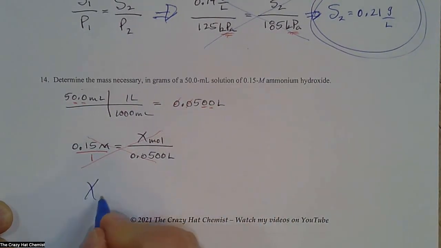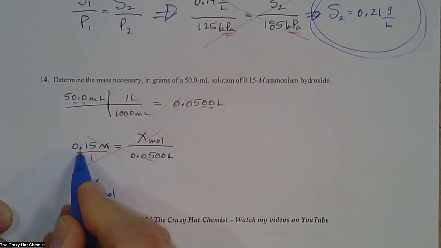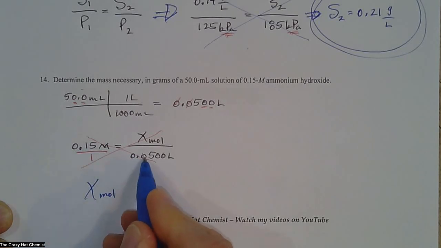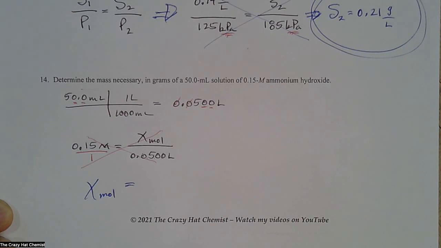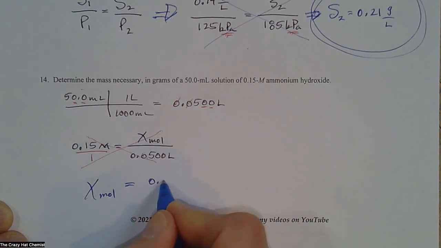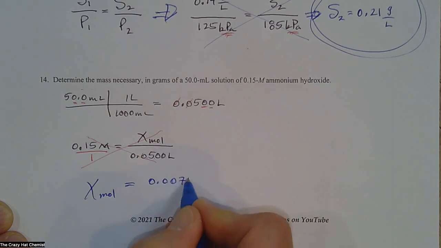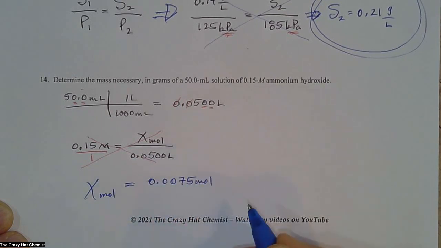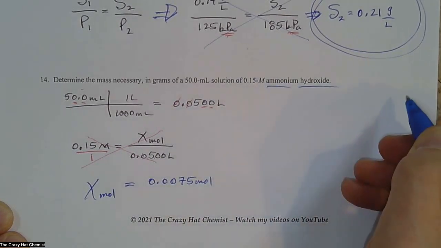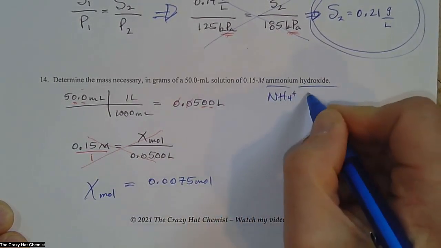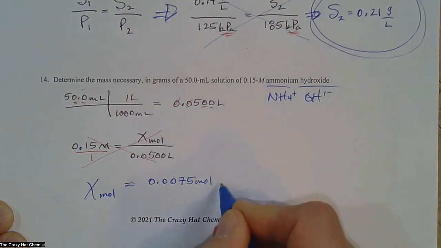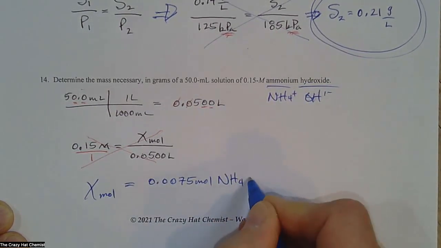So the moles, that's 0.15 times 0.0500, would equal 0.0075 moles of ammonium hydroxide. That's ammonium ion and hydroxide ion. That's ammonium hydroxide.